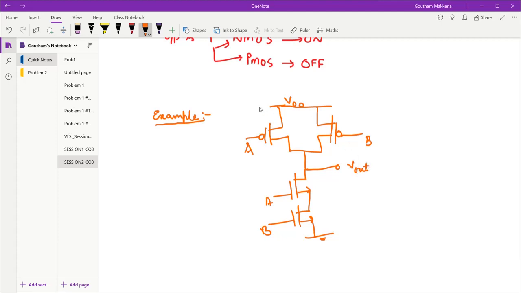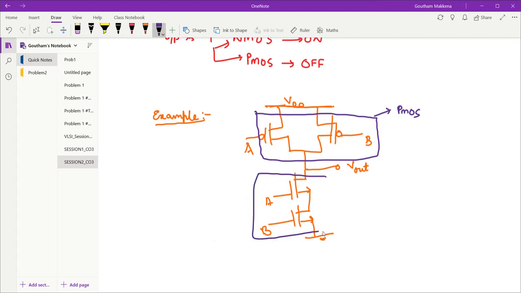So it follows the generic CMOS structure, isn't it? It has a VDD, and this portion forms the pull-up network, and like we have described earlier, the pull-up network consists only of PMOS transistors. This is the PUN, and this is my PDN, the pull-down network, and it completely consists of only NMOS transistors.